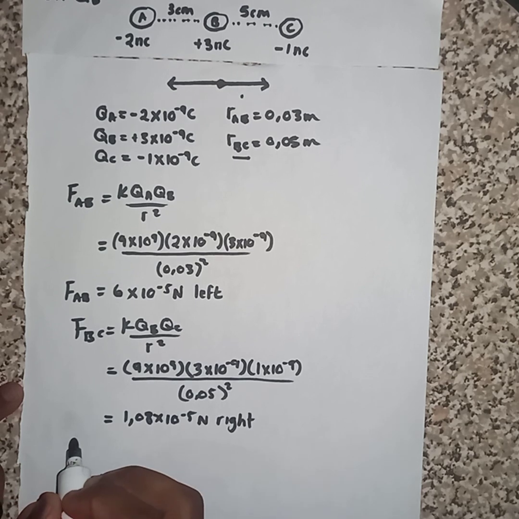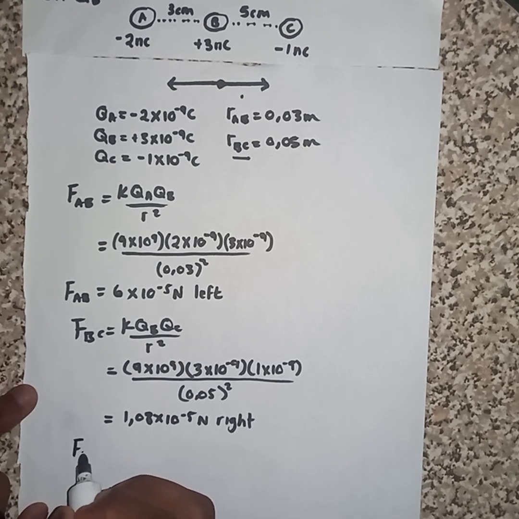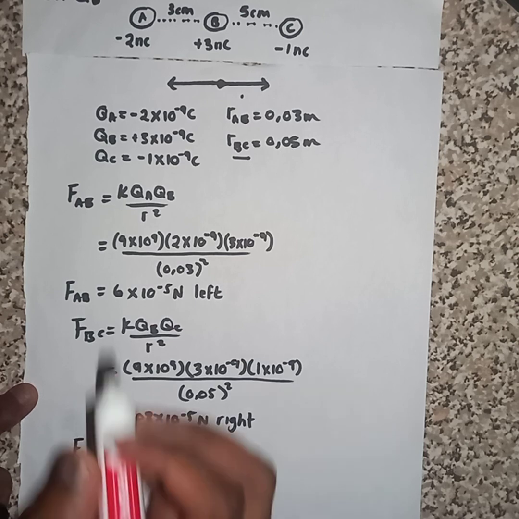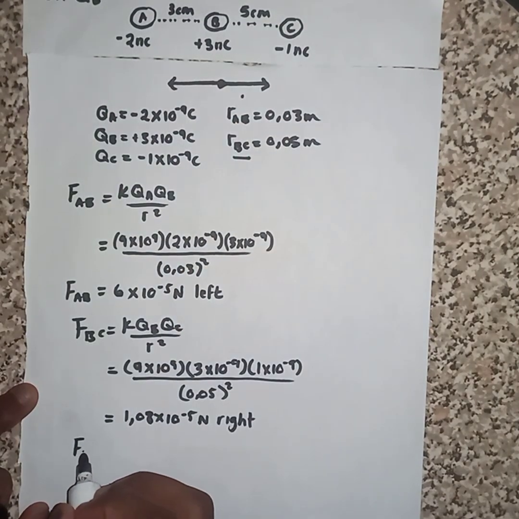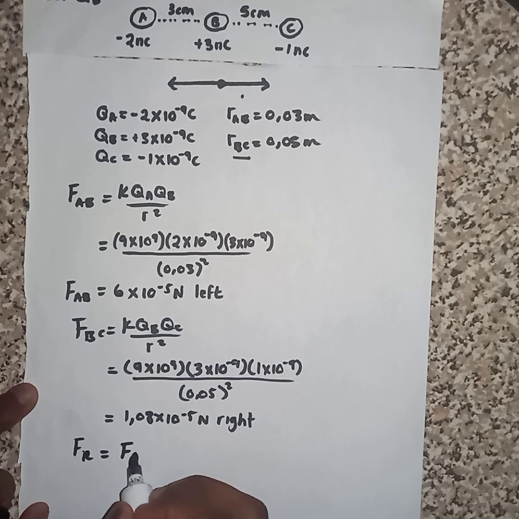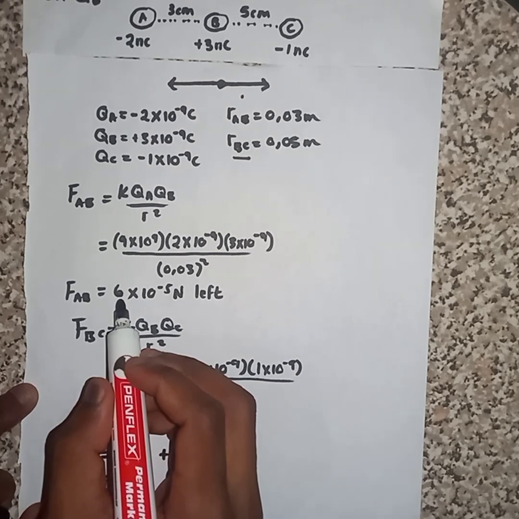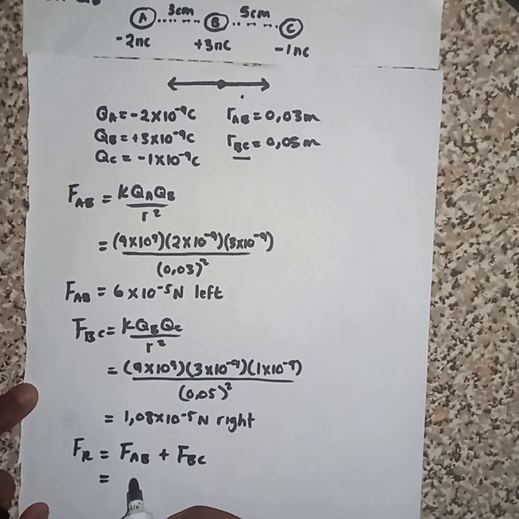Now we are going to calculate our F net or FR, the resultant electrostatic force. Let me say F resultant is going to be F of AB plus F of BC. For AB we got 6 times 10 to the power of minus 5.